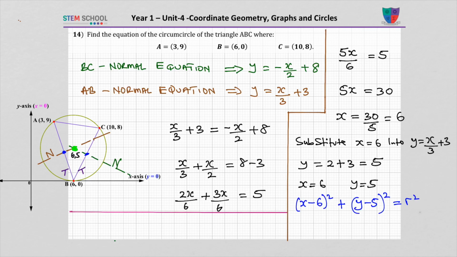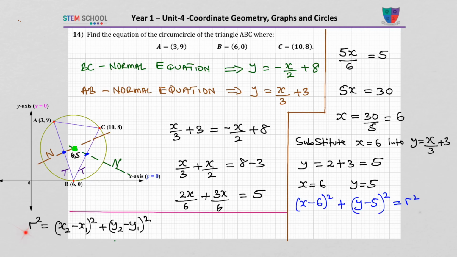Now that I know the center coordinate, which is (6, 5), I can choose any of these 3 points to find the distance between the center and that point. That is the radius. So to find the distance between 2 points, if you know the coordinates, you have to use this formula. This is the formula you can use if you have 2 coordinates and you want to find the distance between those 2 coordinates.